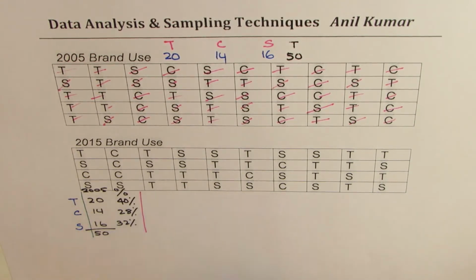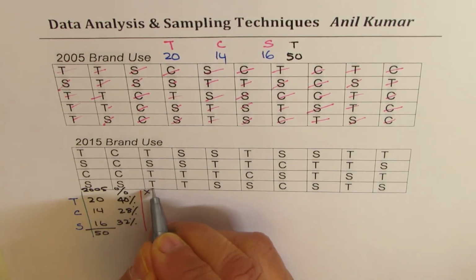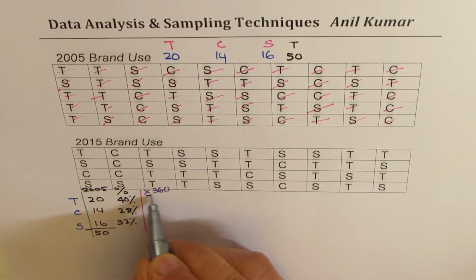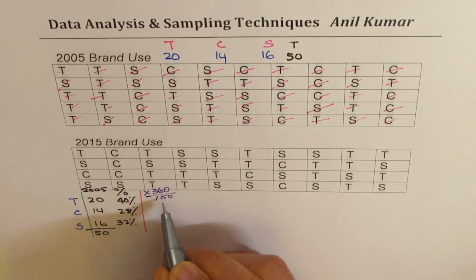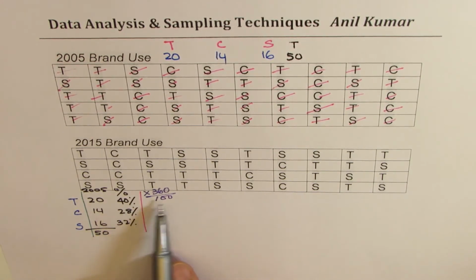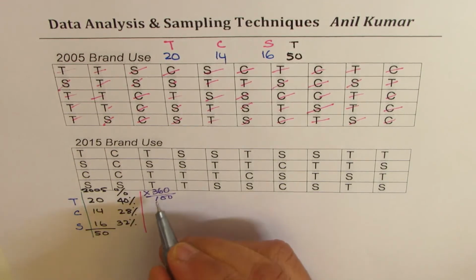This is 100%. So if I multiply each of these by 360, right, and divide by 100, I get the angle through which we should represent this category of data, correct? So that is to say, I have to multiply each by 3.6.